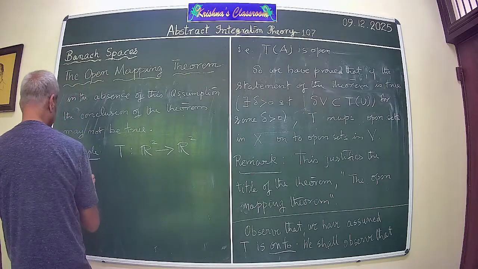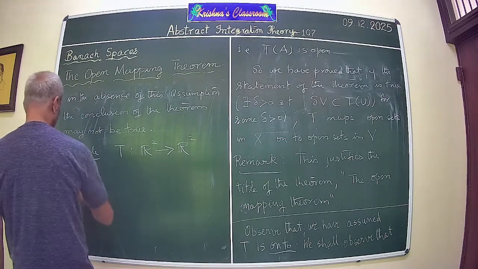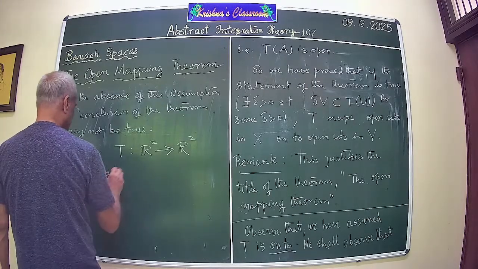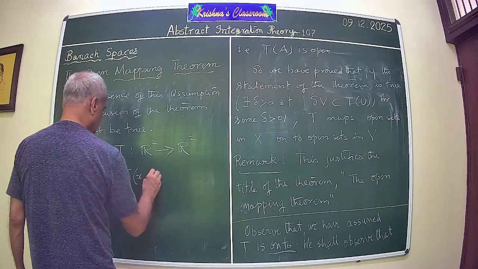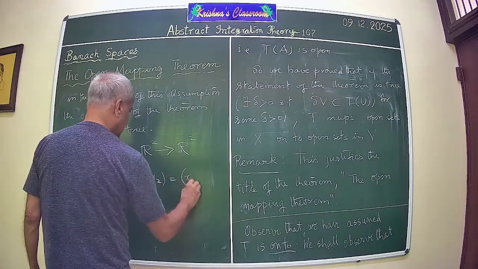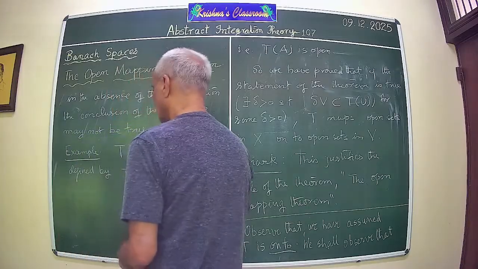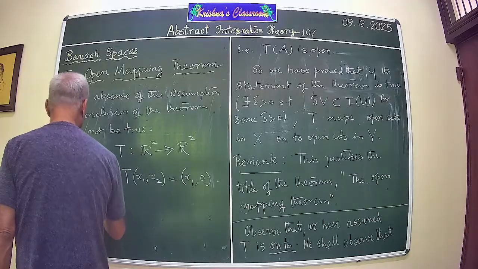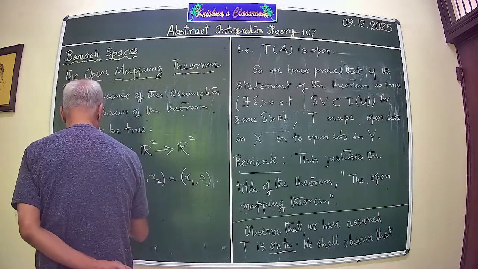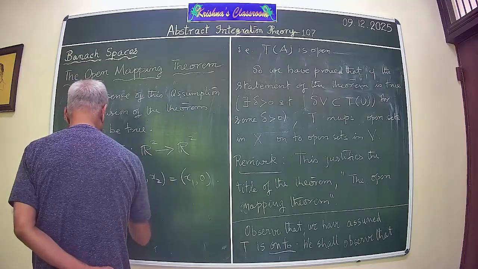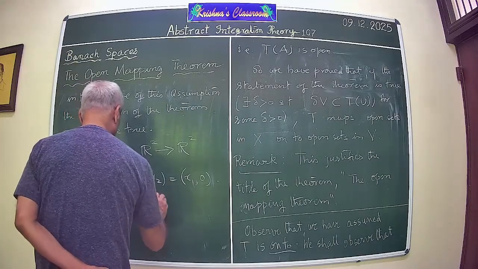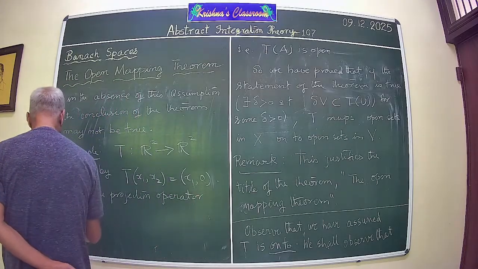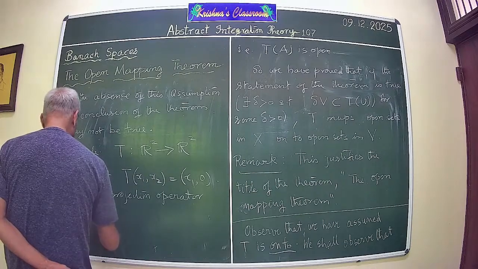T defined by T(x1, x2) = x1, with second coordinate zero. That is, T is the projection operator onto one axis.